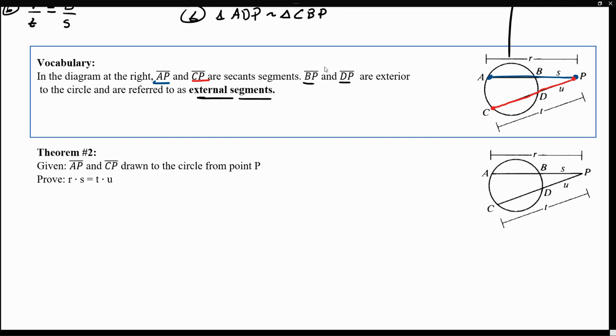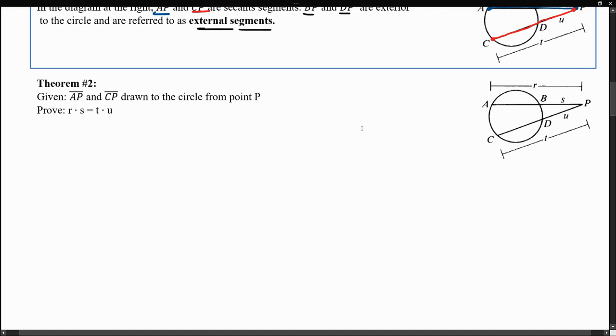So notice that AP is a secant line, and the external segment of the secant line is, in this case, BP, and that's what we refer to as an external segment. Notice that PC is definitely a secant line, and DP is the exterior part of the secant line, so therefore DP is what we refer to as an external segment. And what we want to show now is that there's a relationship between the overall secant and the external segment.